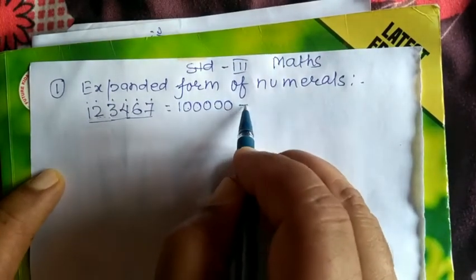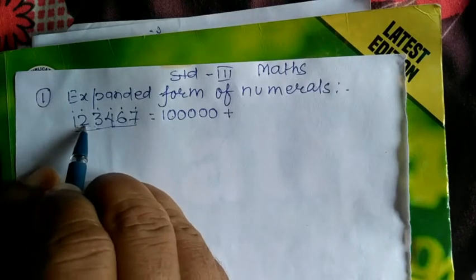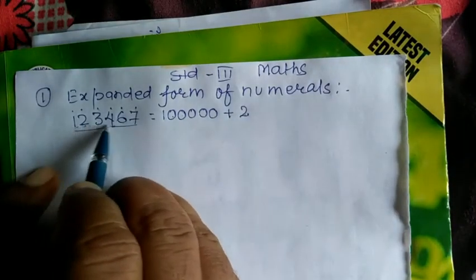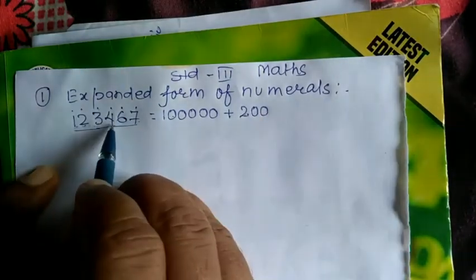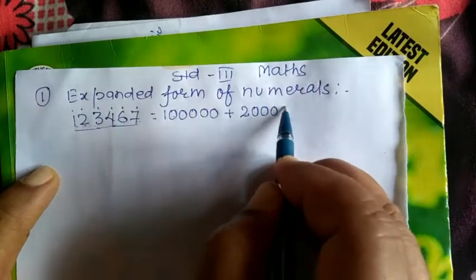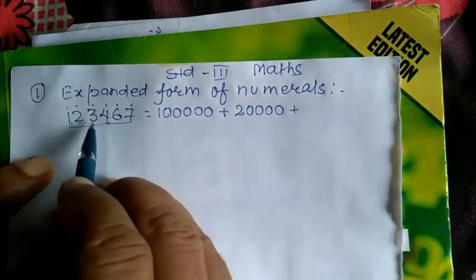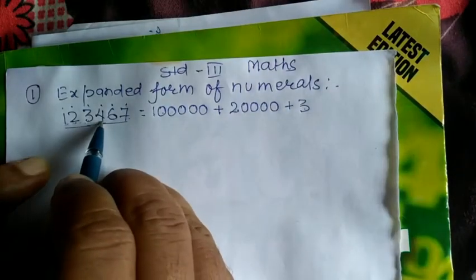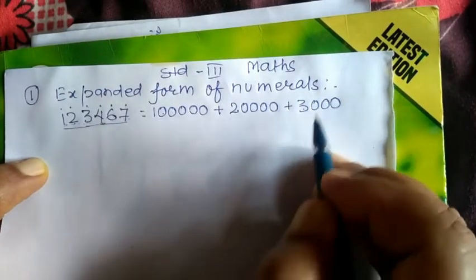Now give the plus sign and move on to the next digit from the left. Here it is 2, and the remaining digits become 0. How many digits remain? 4. So we put 4 zeros after 2. Now the next digit, 3, with zeros in place of the rest.